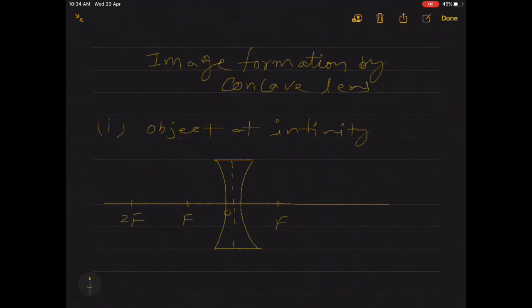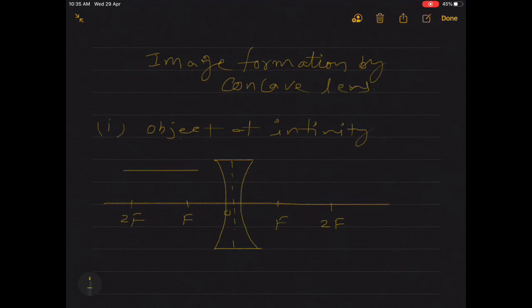Then next is 2f. 2f is double of f. Let f be 2 centimeter, then 2f would be 4 centimeter. If f is 1.5 centimeter, 2f would be 3 centimeter from the optical center.